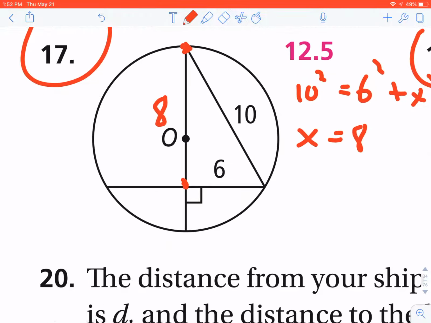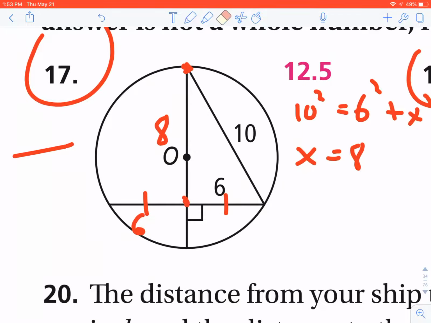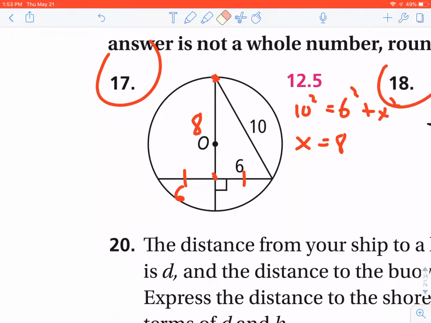Now, again, the same theorem we had to recall in number 8 from chapter 12.2, you have to recall here again. If a diameter and a chord are perpendicular, the diameter is also bisecting the chord. So if one part of the chord is 6, that means that piece is also 6. Now, going back to your theorem from 12.4, this is the first case of your last theorem, where we have the intersection of a couple chords inside of a circle.